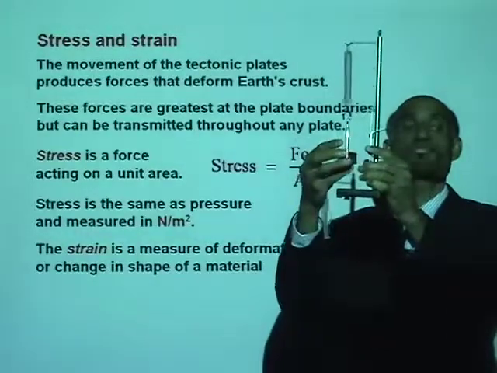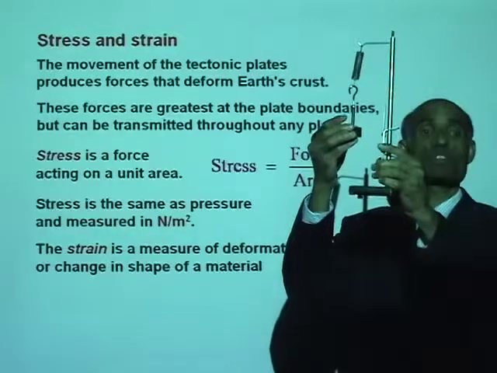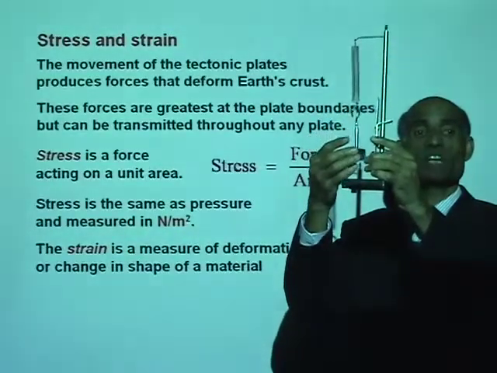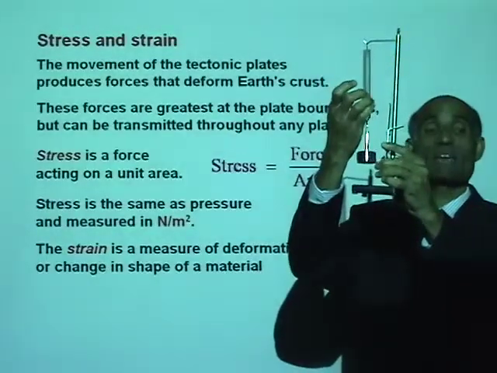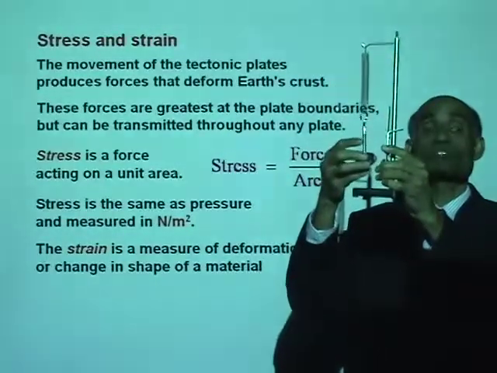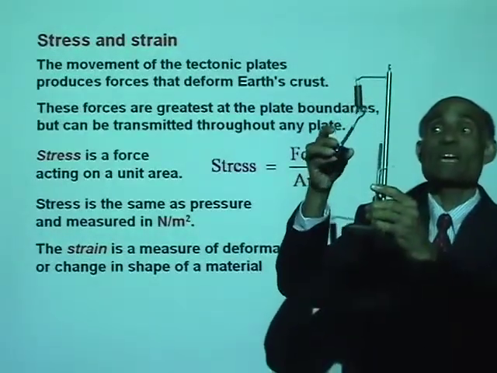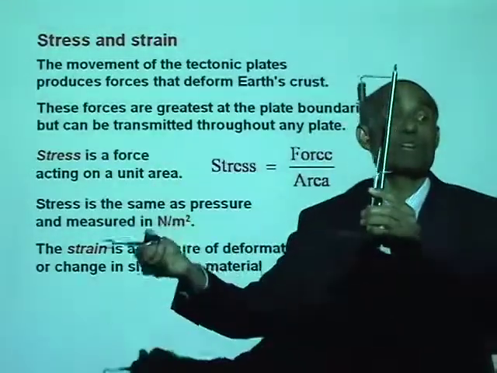Did you see the spring has been deformed? That's the original spring. When I leave the mass, you can see what it does to the spring. This is what is called strain. In other words, the stress causes the strain. The strain is the deformation produced by the stress.